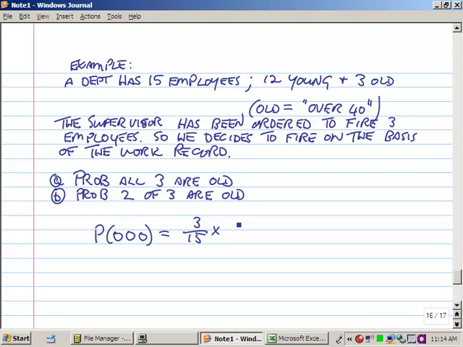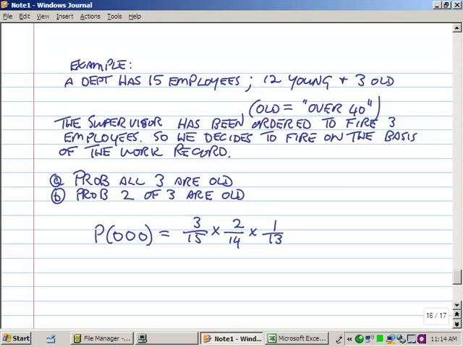The second drawer we have 14 employees left, of which 2 are old, so 2/14, given that the first drawer is an old person. And on the third drawer we have 13 employees, and now we just have 1 old, given that we have an old person drawn on the first and the second. So the probability is 1/13, given that we've already selected 2 old.